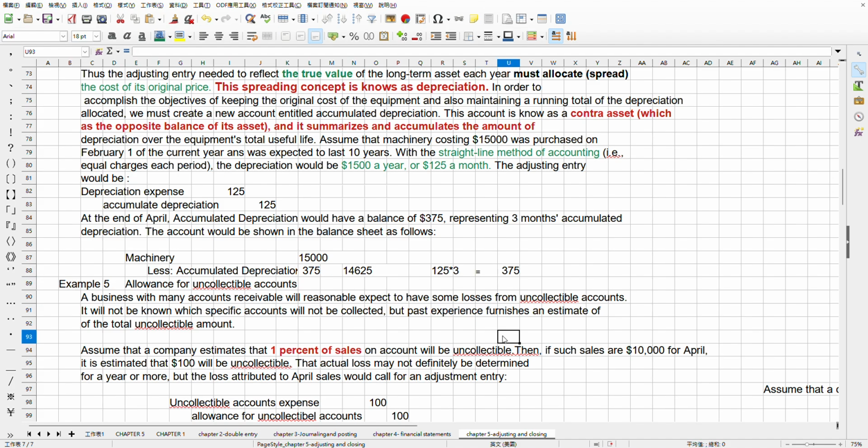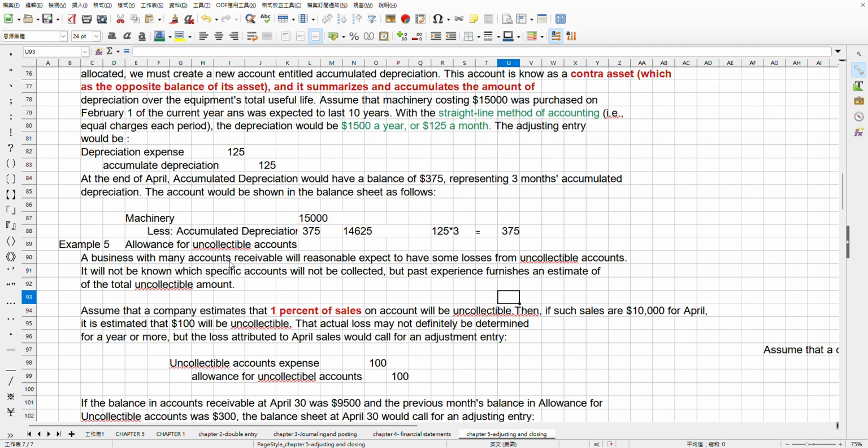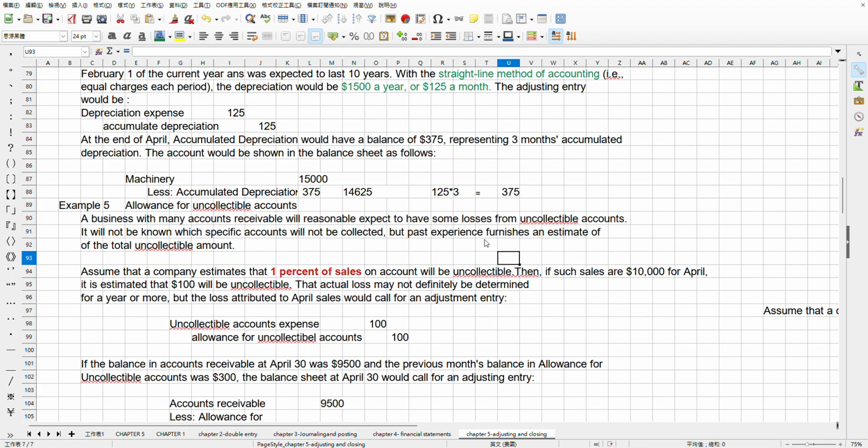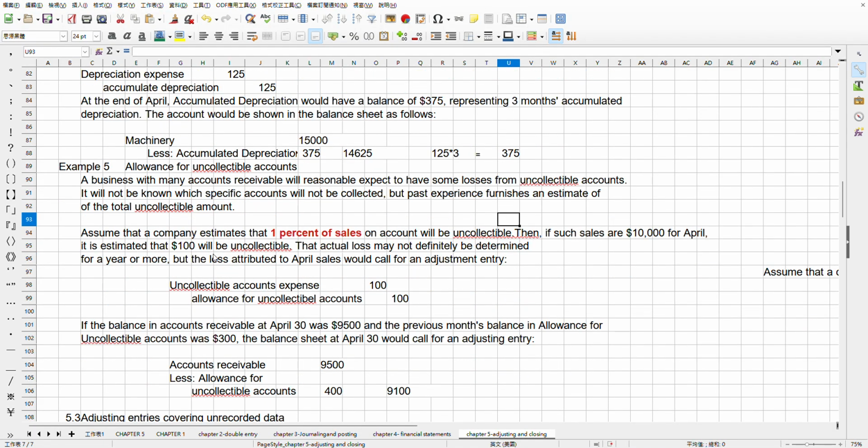Allowance for uncollectibles. A business with many accounts receivable will reasonably expect to have some losses from uncollectible accounts. It will not be known which specific account will not be collected, but experience furnishes an estimate of the total uncollectible amount. Assume a company estimates that 1% of sales on account will be uncollectible.